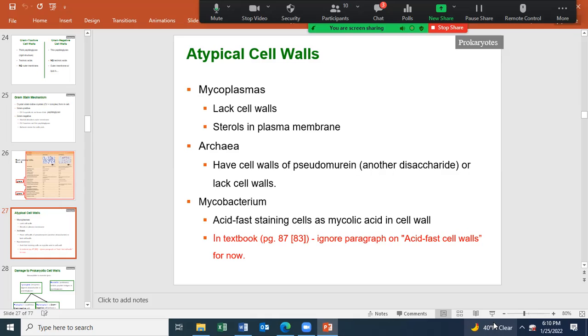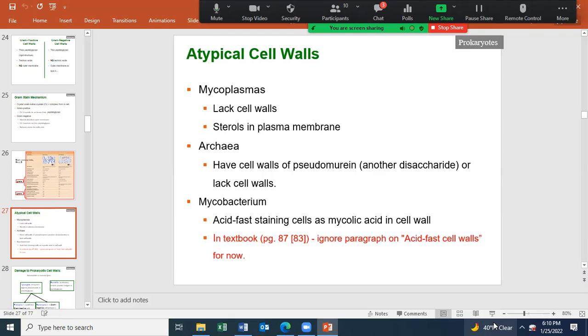Now, the mycoplasmas, when you stain them with the gram stain, stain gram negatively. Why does it stain gram negative? Nobody's going to guess. Okay, it has no cell wall, so the crystal violet iodine complex washes out of these cells, and then the cells stain with the safranin, so the mycoplasmas stain as a gram-negative cell.